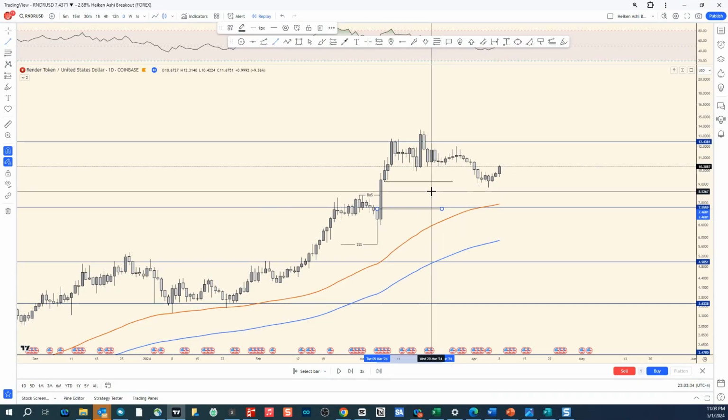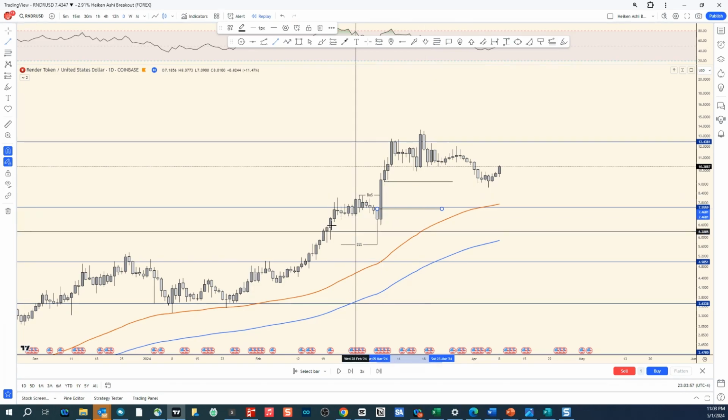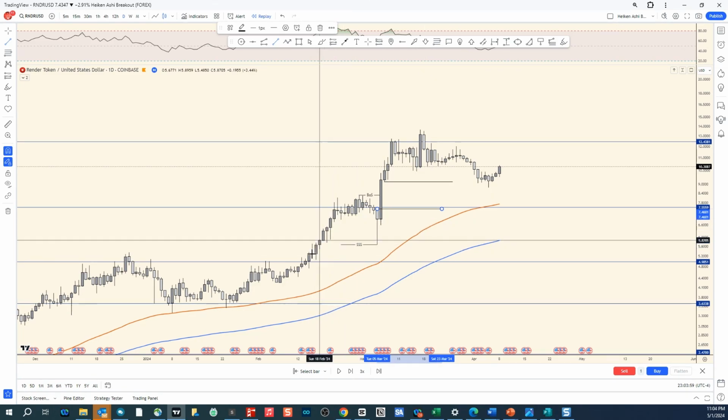Do we know when it's going to be filled? No, but we can confirm that typically, not 100%, because nothing ever is 100%, that these inefficiencies or imbalances are filled with price. Price itself in any chart is very efficient, as you can see. You can see where price is, it's basically stair-stepping right here.